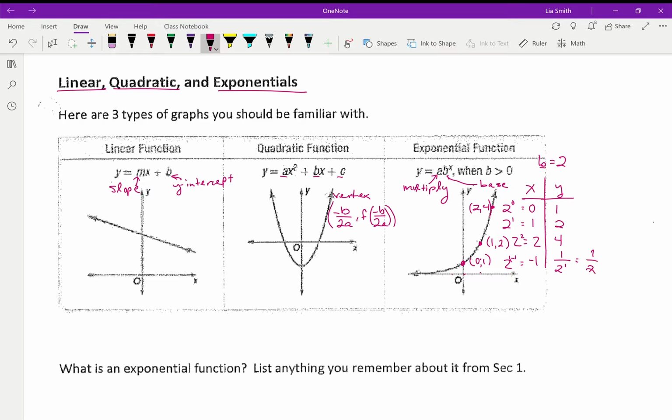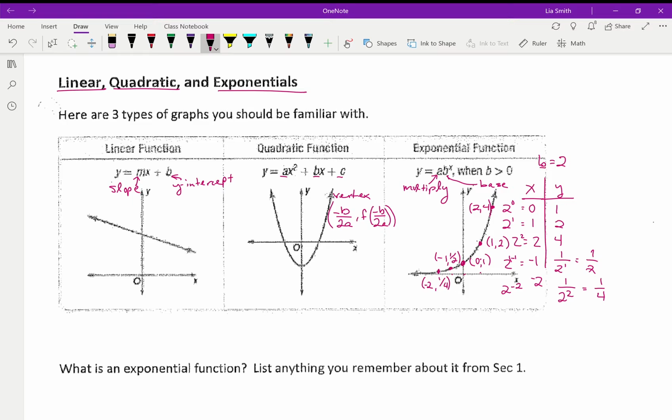So this point right here would be negative 1, 1/2. And you could do this for negative 2 as well. So 2 to the negative second power means that we take 2 squared and put it in the bottom. Well, what's 2 squared? 4, so we get 1/4. So we actually decrease in height as we move to the left.